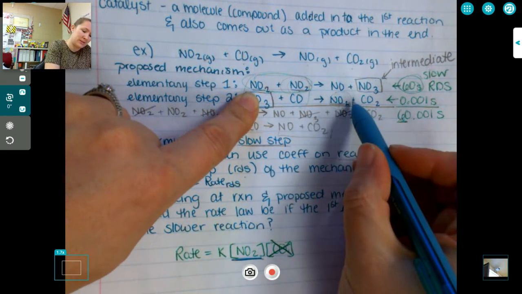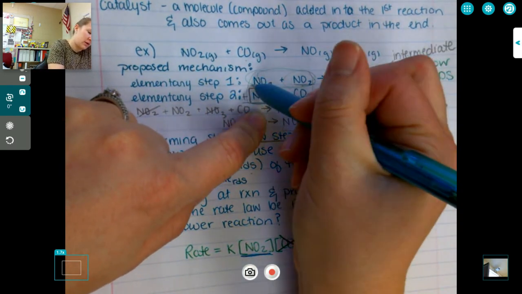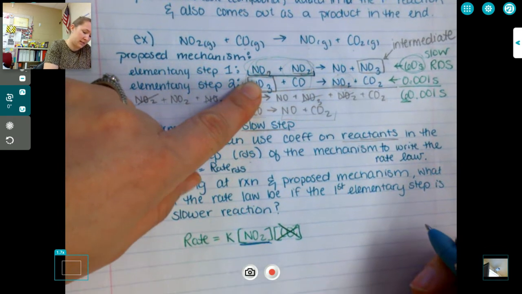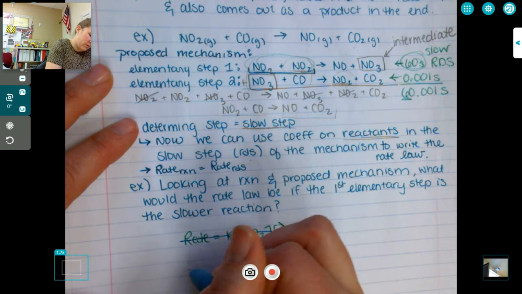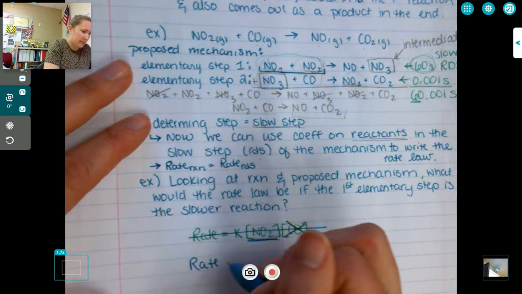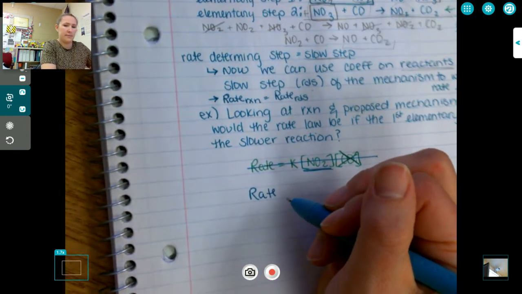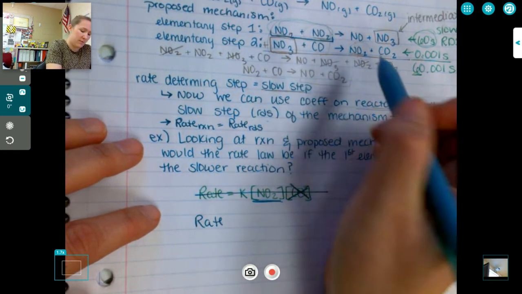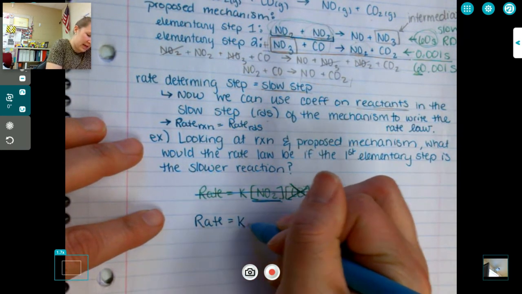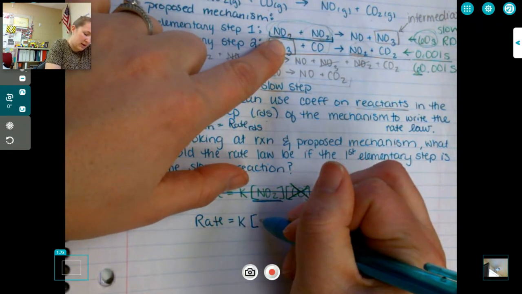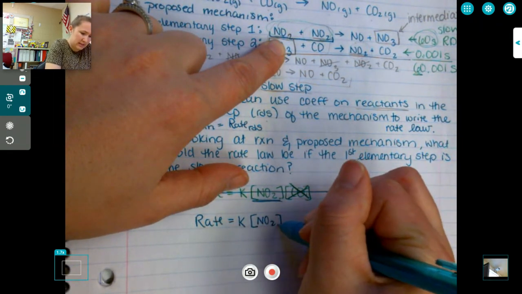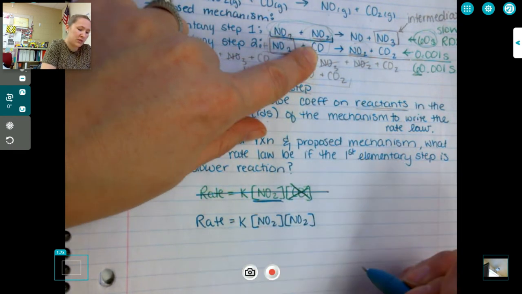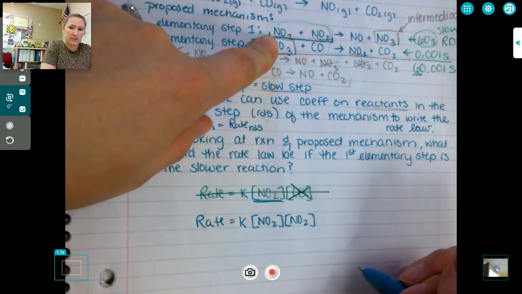So I look at my slow step and I say, well, in my slow step here, my only reactants are 2 nitrogen dioxide. So really, my rate for my slow step, my first step, looking at my reactants, I have k times my first nitrogen dioxide and my second nitrogen dioxide, both of which have coefficients of 1.